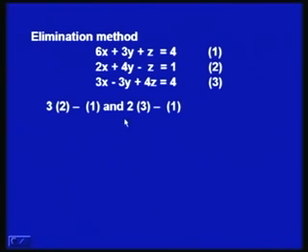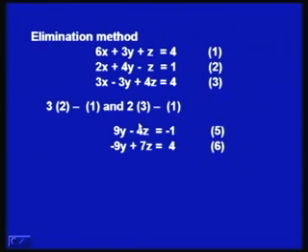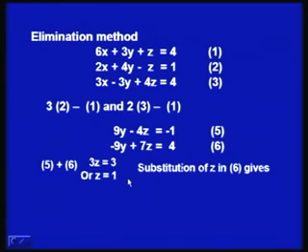If we do this simplification, then we have 9y - 4z = -1, while the second operation gives us -9y + 7z = 4. Then one can add equations 5 and 6. The y will be eliminated, and what we have is 3z = 3, which gives us z = 1.